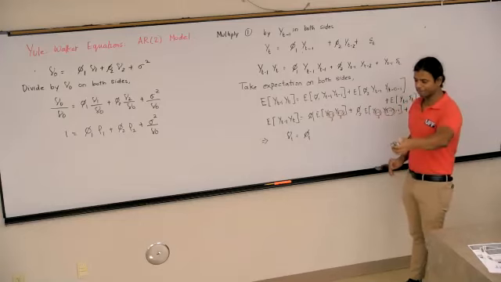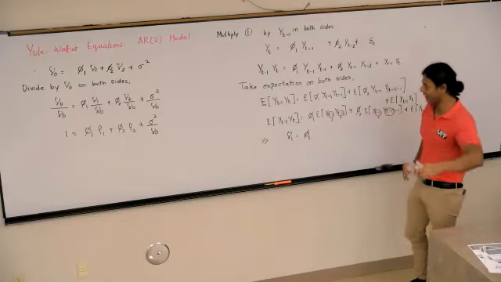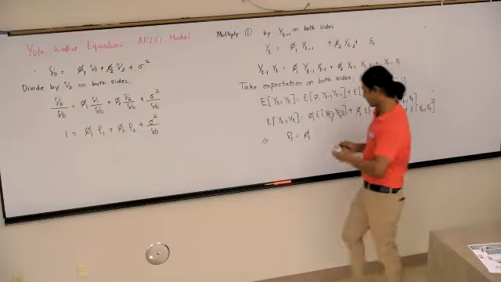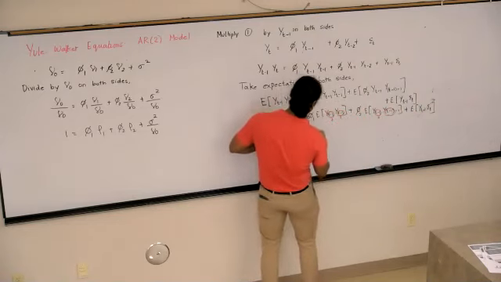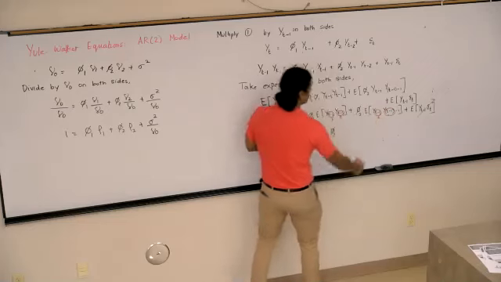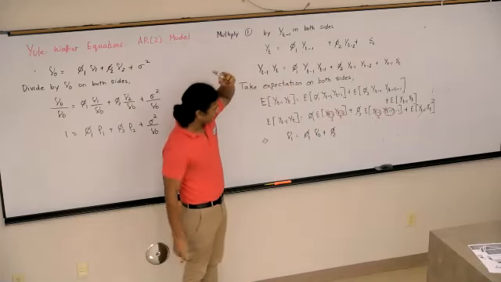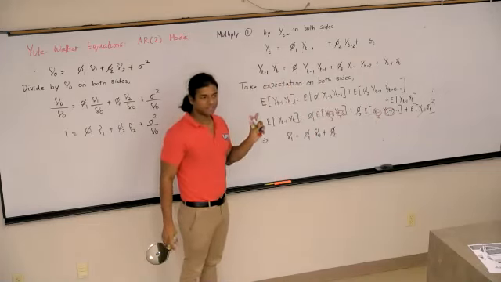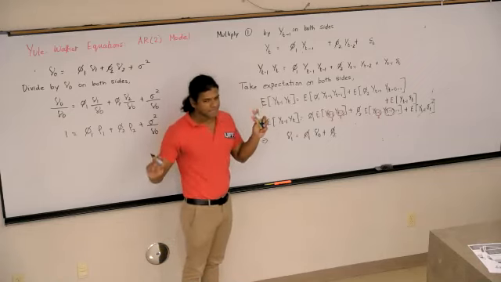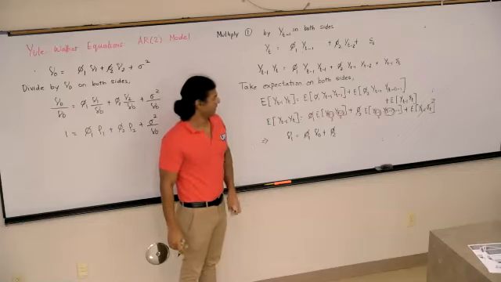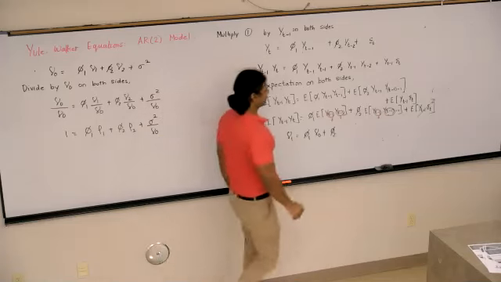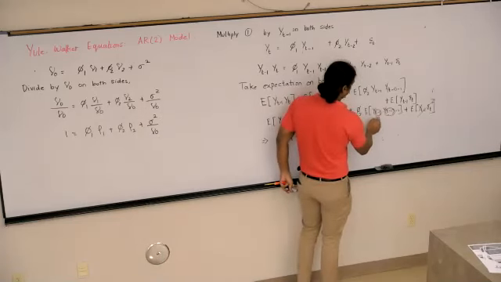Last time, expectation of yt squared reduced to what? Gamma naught. So this would become gamma naught. What would the next one end up being? I have expectation of ys multiplied by ys minus 1.